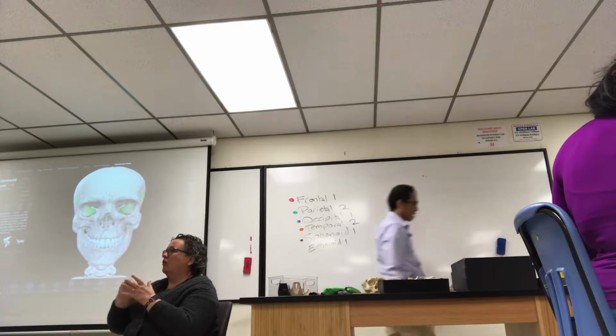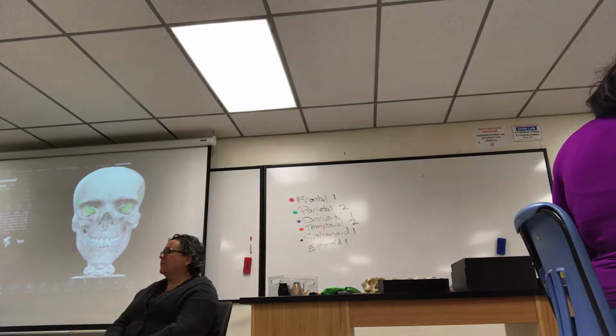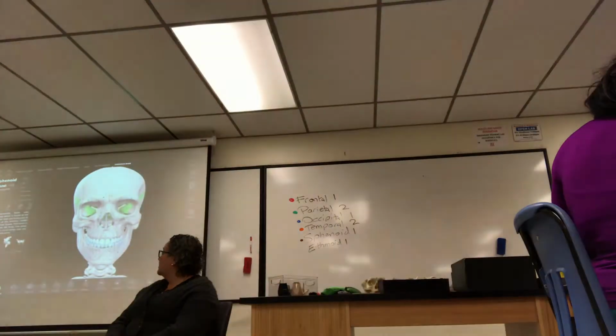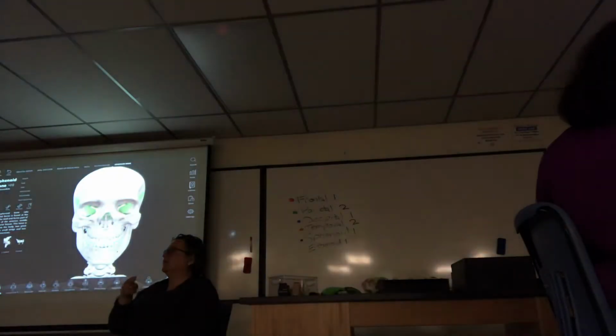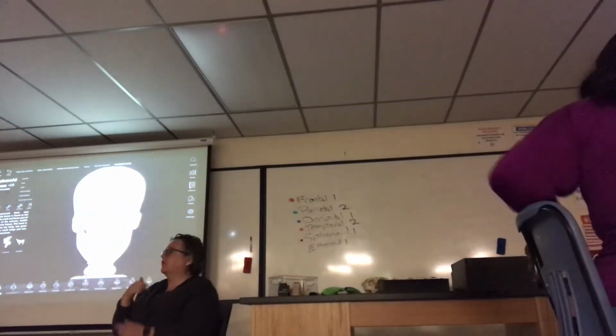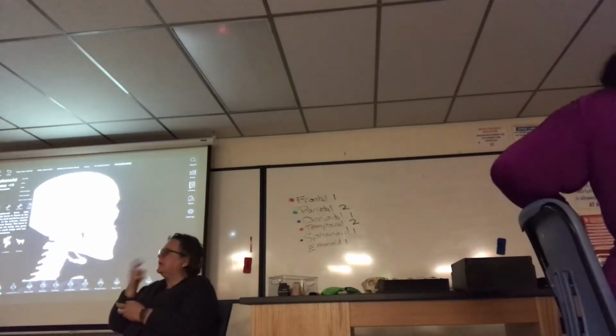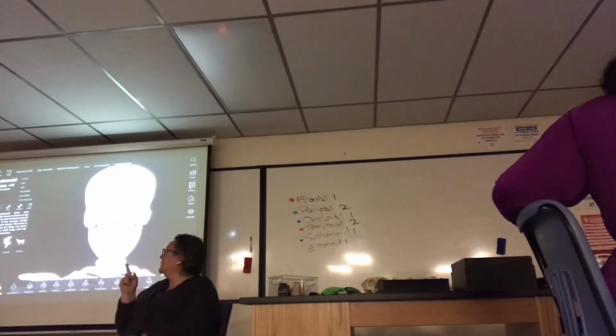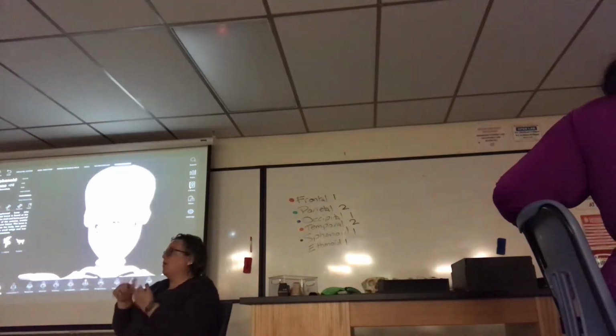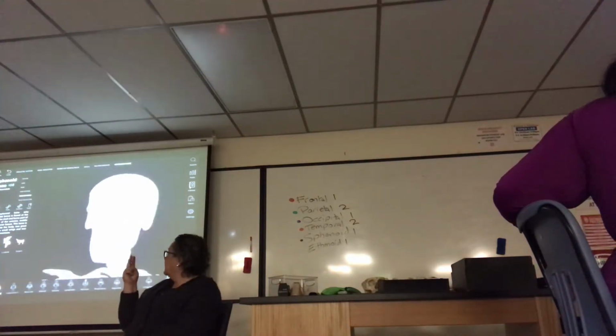So using the app, I have the sphenoid bone highlighted. You can see how it's kind of inside the skull. You kind of see it a little bit from the side there. And when I hit fade others, you can kind of see how it really is inside the skull there.